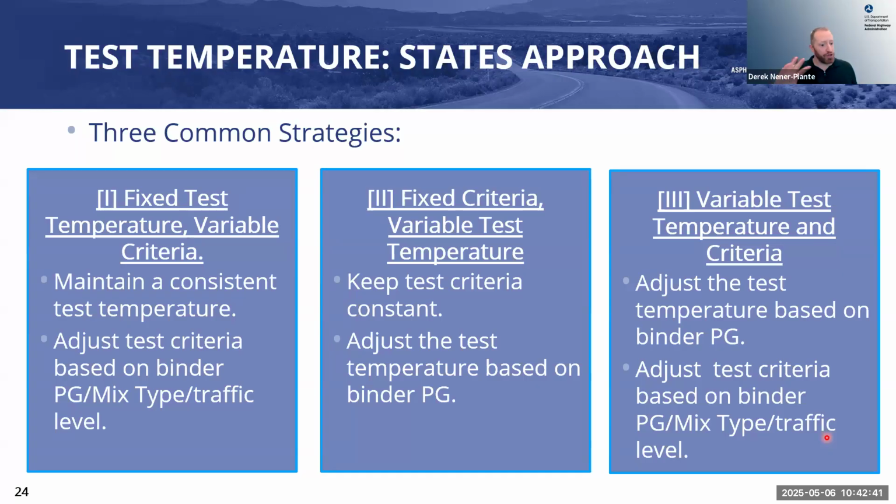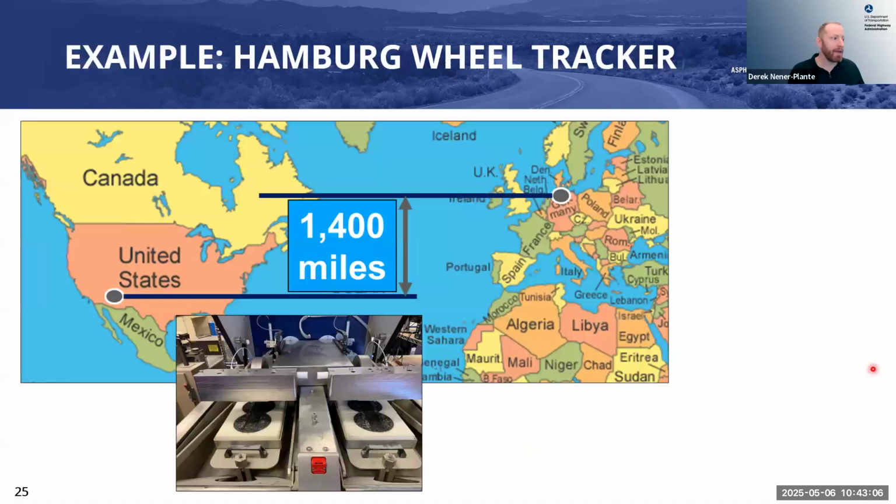Or a third approach is that you adjust both: the test temperature and the criteria. Largely you would set the test temperature based upon the binder PG, and then adjust the criteria, maybe on the PG a little, polymer modification or something along those lines, but then mix type, traffic level, etc. Okay, let's see some examples of what this actually looks like.